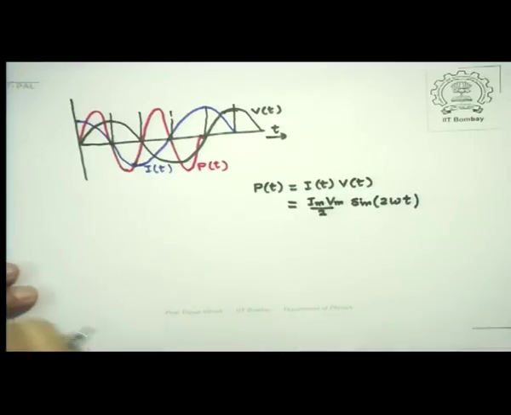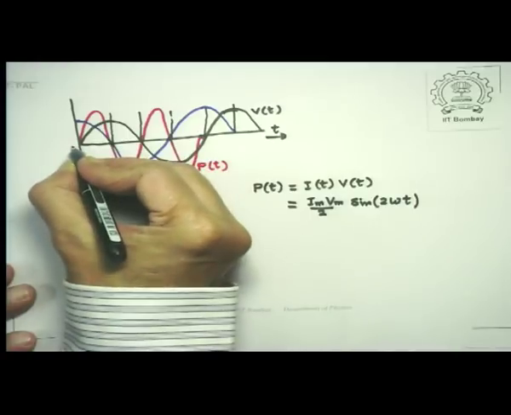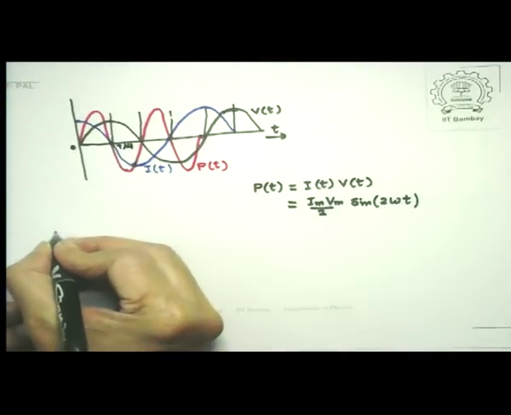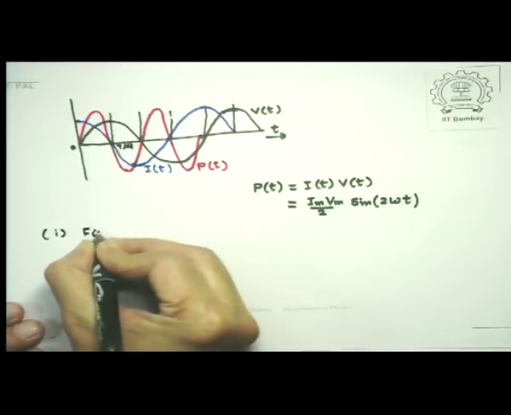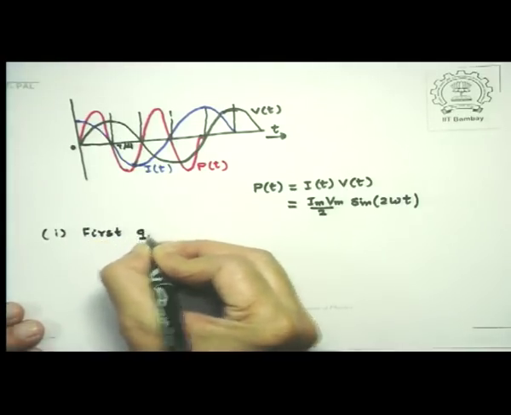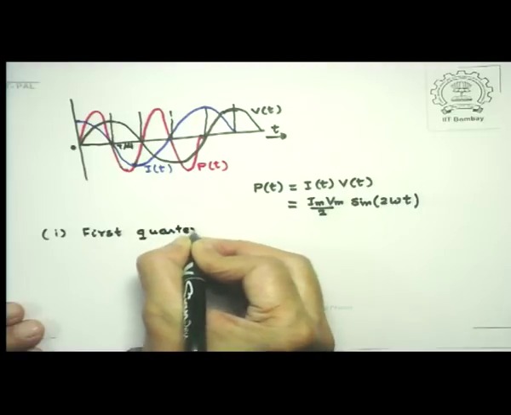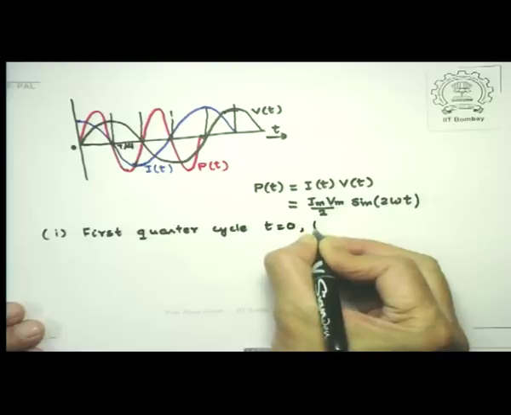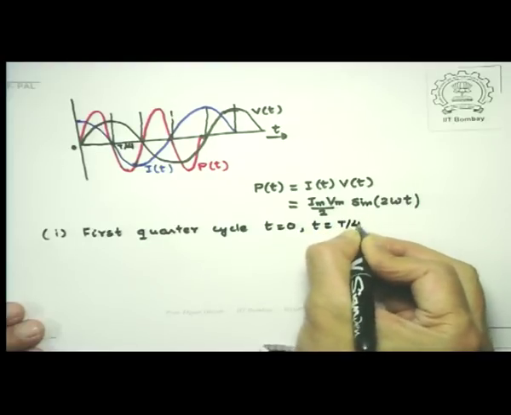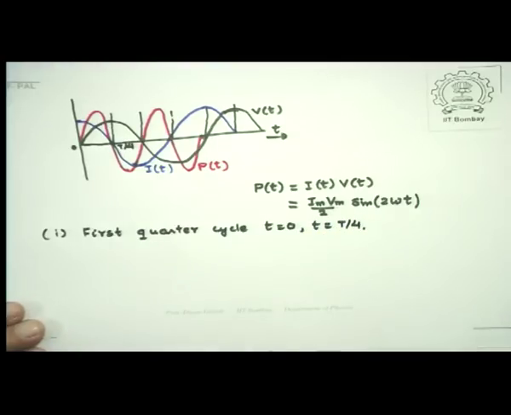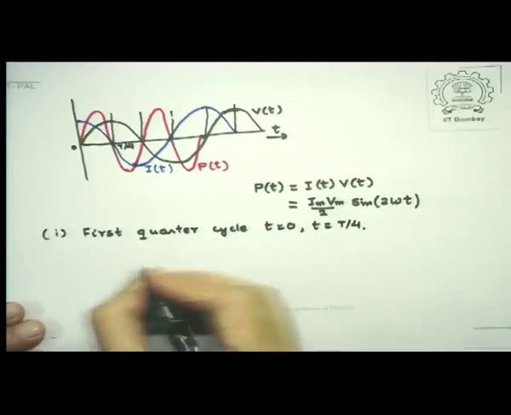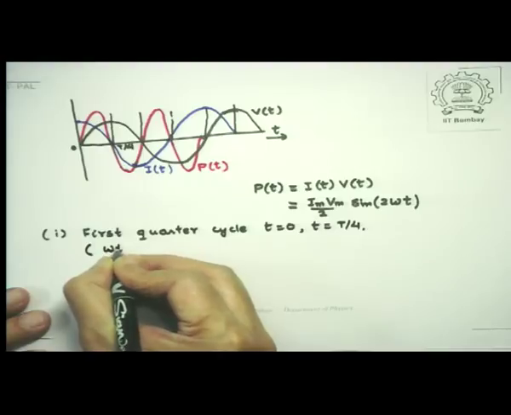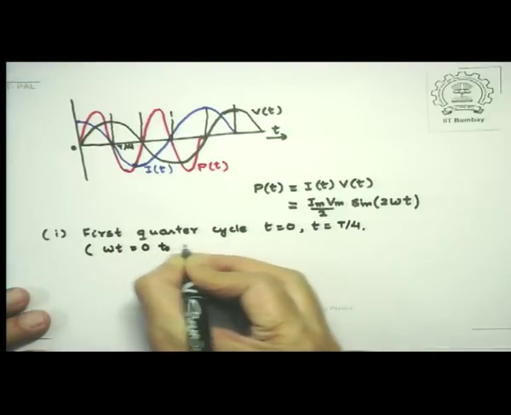And in the first quarter cycle, that is from t equal to 0 to t equal to T by 4, you notice both current and voltages are positive, and so this implies that we are talking about omega t equal to 0 to pi by 2.